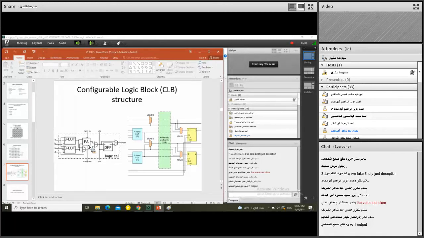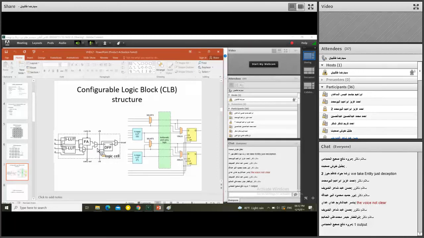Then by proper VHDL coding and FPGA programming, we can select or enable the full adder, and we can implement the arithmetic processing better. After this, we must have a selection by a multiplexer.